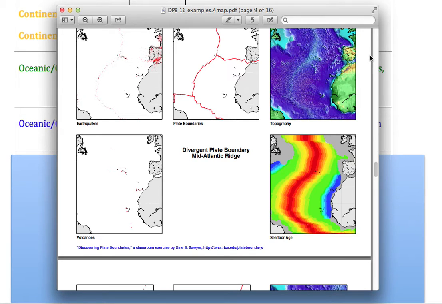We have huge mountains coming up from this mid-Atlantic ridge. This down here too, we haven't worked with this map, but red here is young and blue is old. So you see that the young ocean floor is being made in the middle, and as it gets to the boundaries, it's going to subduct and go down and be destroyed.